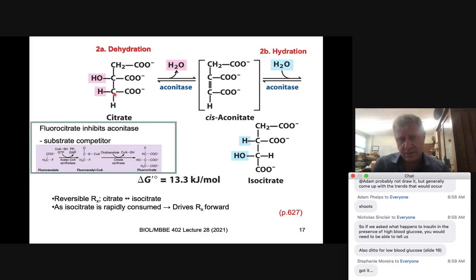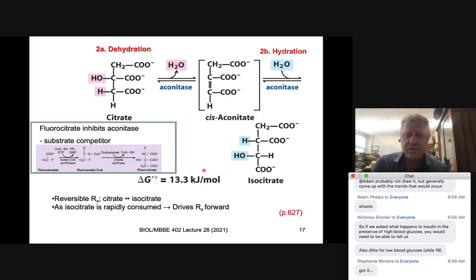So again, isocitrate and citrate are different based on the positions of their hydroxyl and hydrogen constituents on the carbon backbone. And we go through an aconitase reaction with a dehydration and hydration reaction to get that particular movement going through.